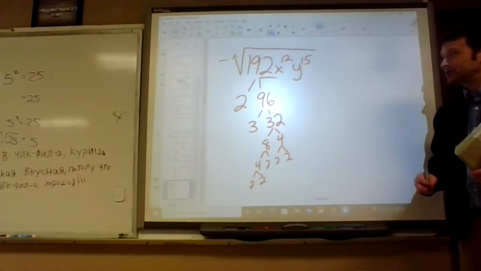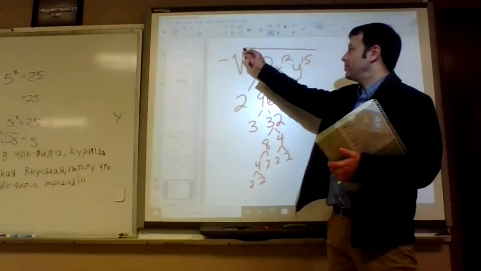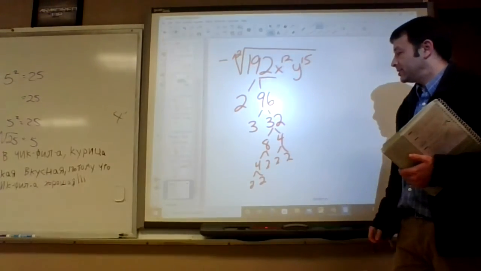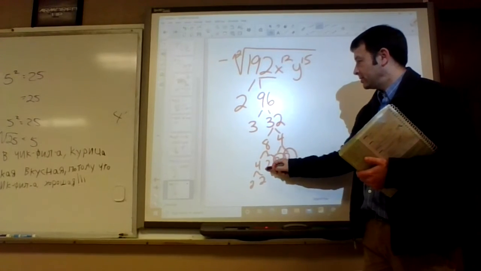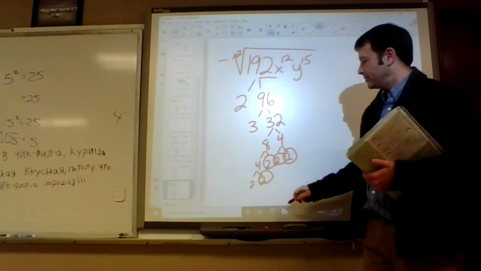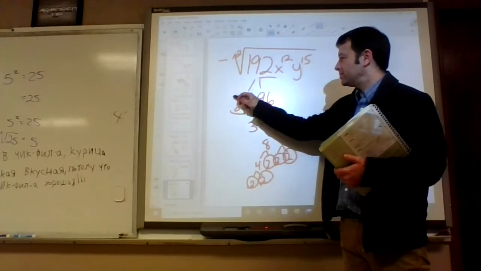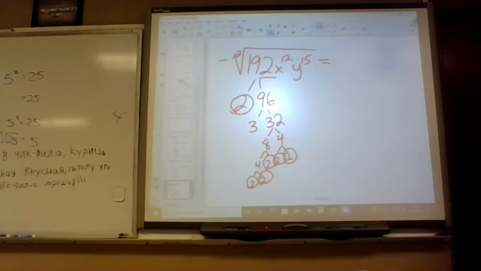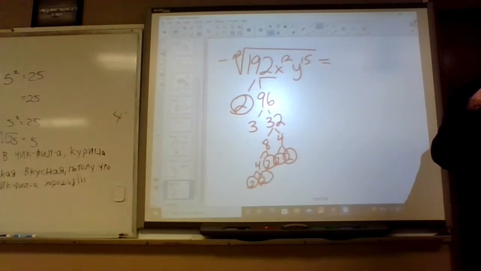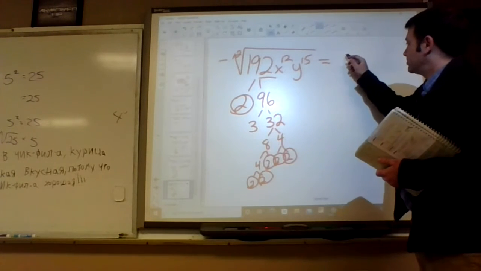This one's kind of a mess. This is a square root, so we need to take all the doubles out. So that's 1 2 that comes out. That's another 2 that comes out, and that's another 2 that comes out. So what comes out? You're right, 2 times 2 times 2. 8 comes out.